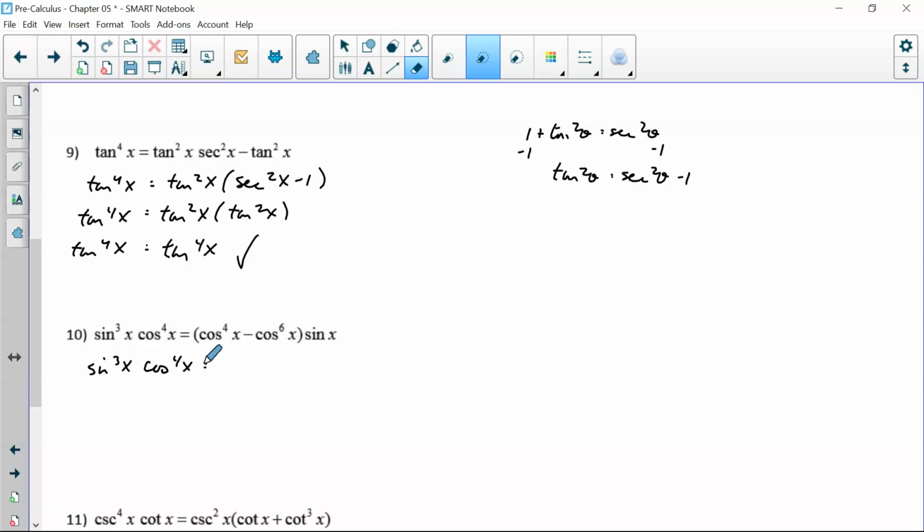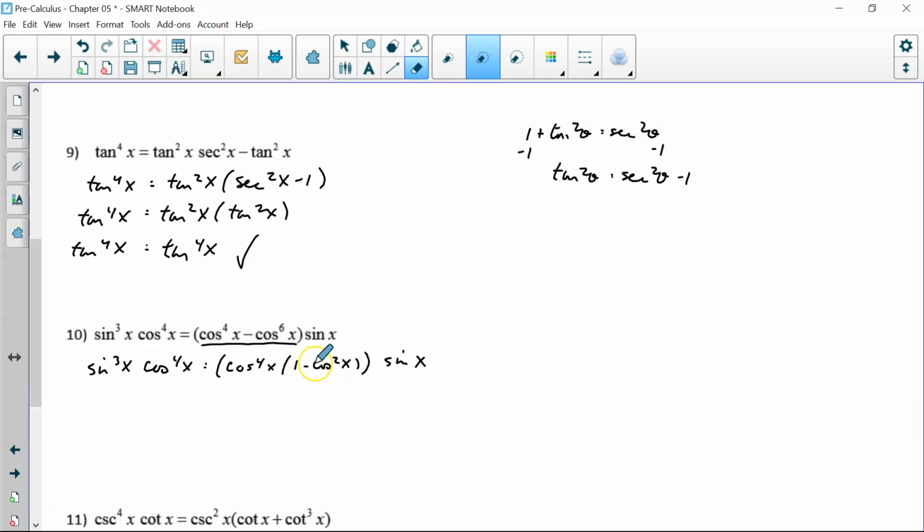Now, between those two terms, I can factor out a cosine to the fourth. So what I get is cosine to the fourth of x, and when I factor that out, I get 1 minus cosine squared of x. And I should have big parentheses around the whole thing because we're still multiplying that by the sine of x.